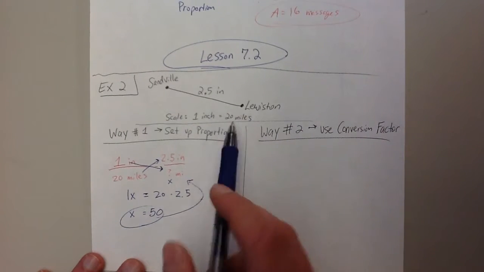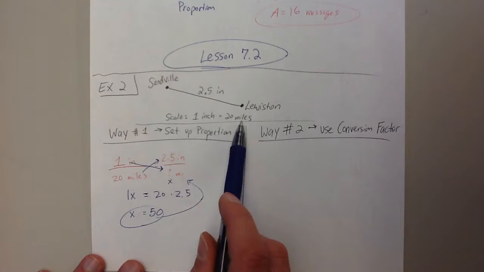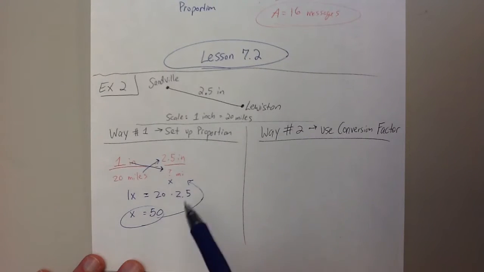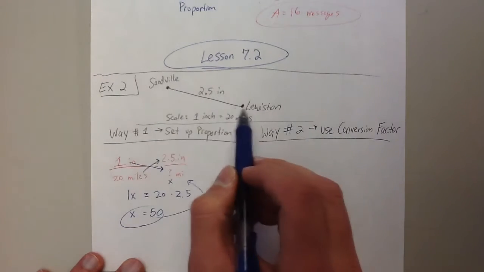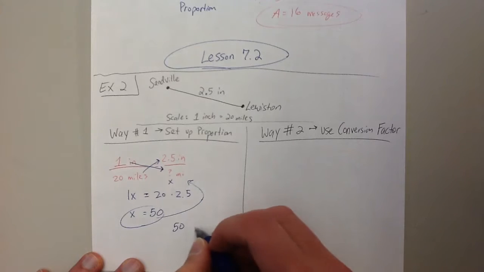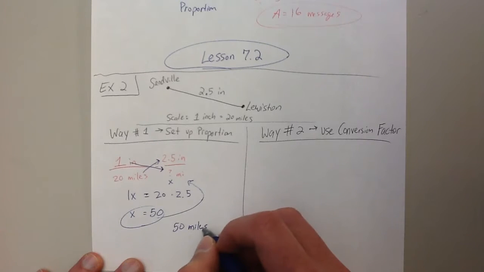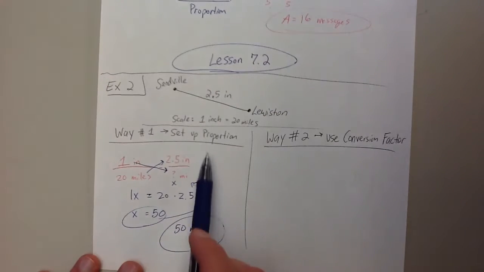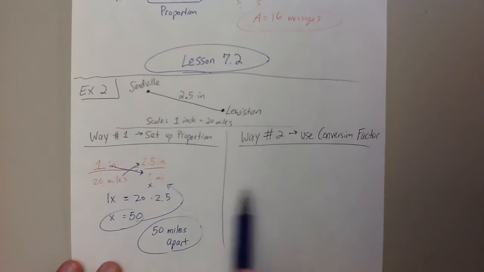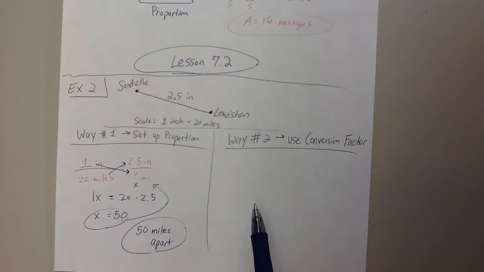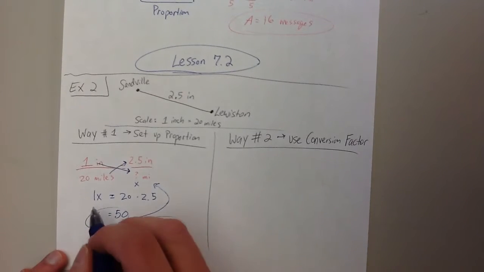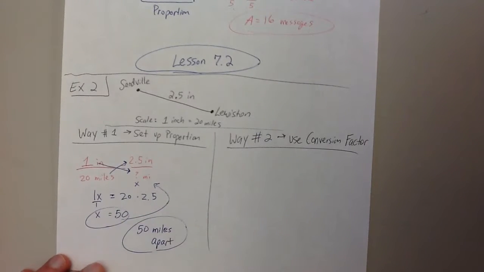If the scale was 1 inch is equal to 20 miles, then Sandville and Lewiston are 50 miles apart. So that's the first way you can solve this, set up a proportion and solve for your unknown by cross multiplying and dividing. In this case, you don't have to divide because the coefficient's 1.